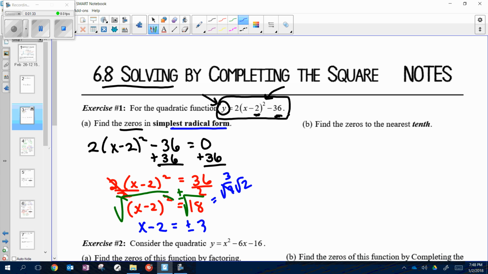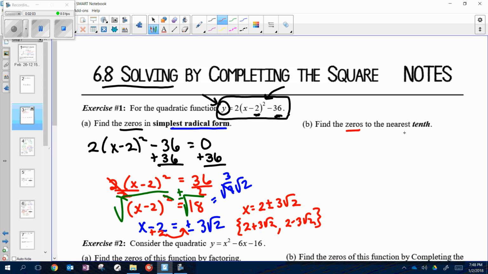So this is 3 rad 2. Final step, to get x alone, you need to add 2, and you put it in front of the plus or minus. So your answer will look like x equals 2 plus or minus 3 rad 2. Those are two answers, 2 plus 3 rad 2 and 2 minus 3 rad 2. You could write that in curly brackets as a set.